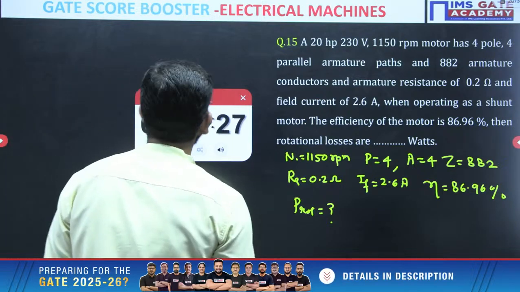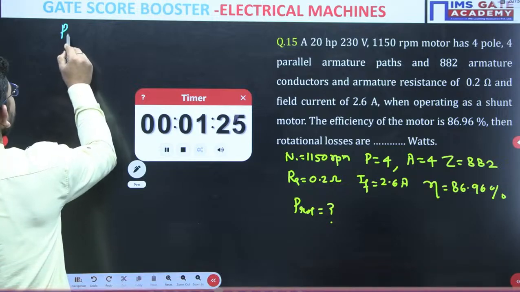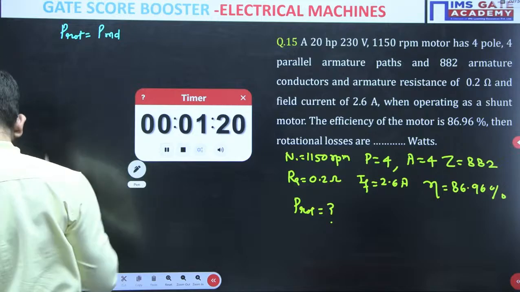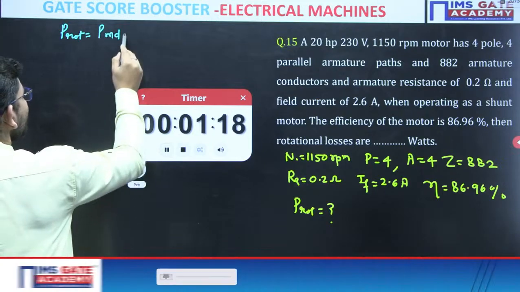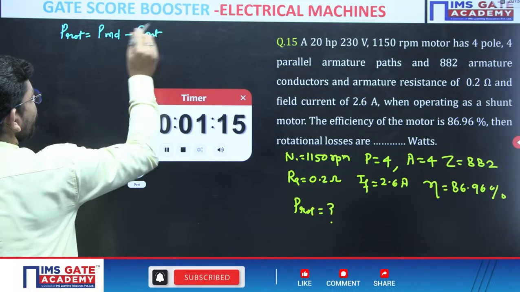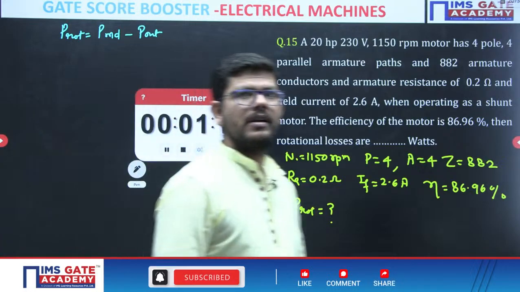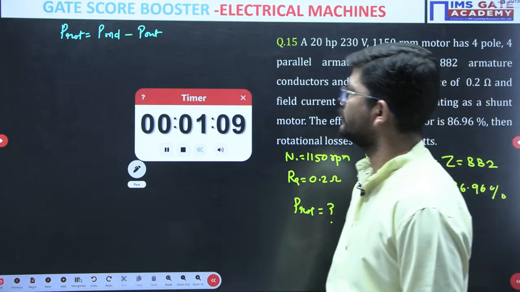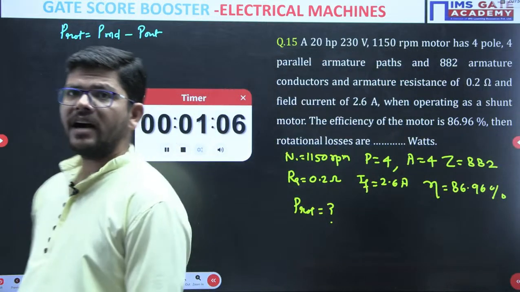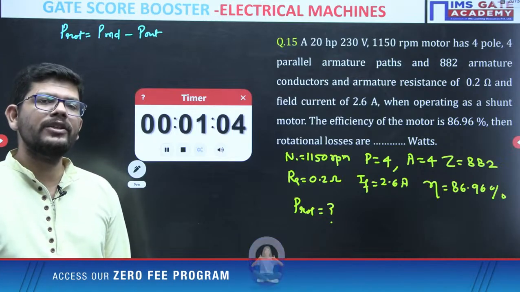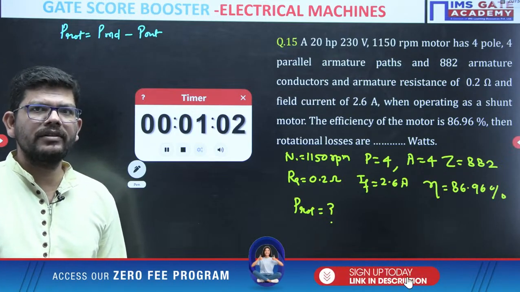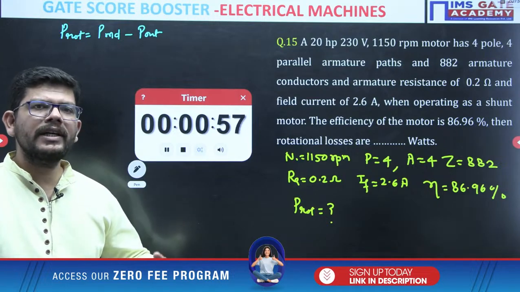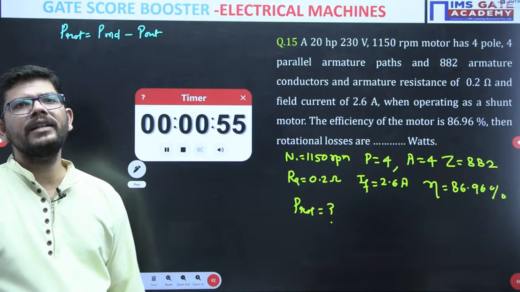Let me give you a hint: rotational losses will be mechanical power developed minus the output power. When you add output power plus rotational losses, you get mechanical power developed. So first we get mechanical power developed, then some losses happen, and finally we get the output power.